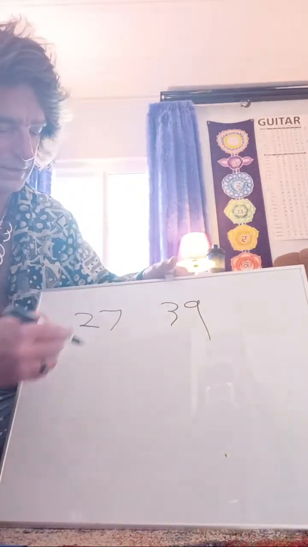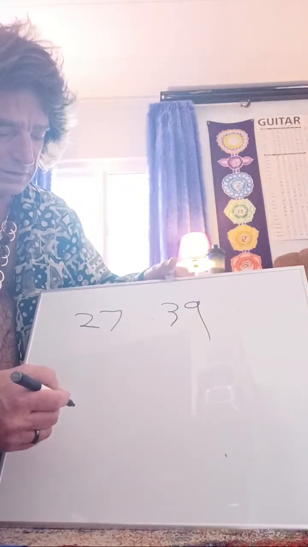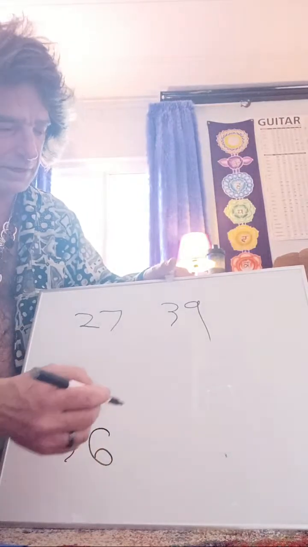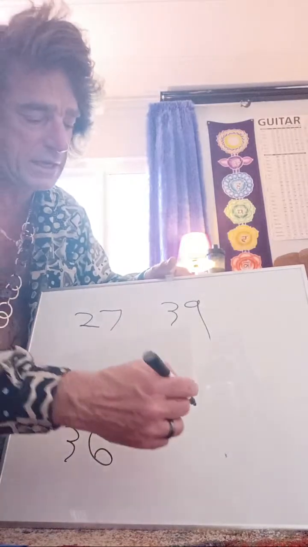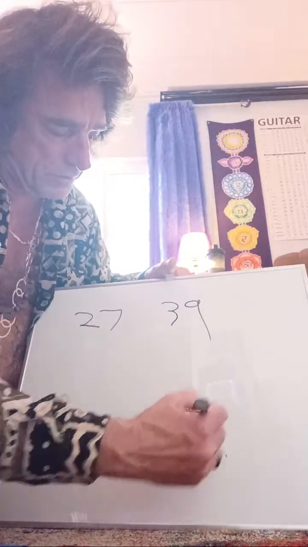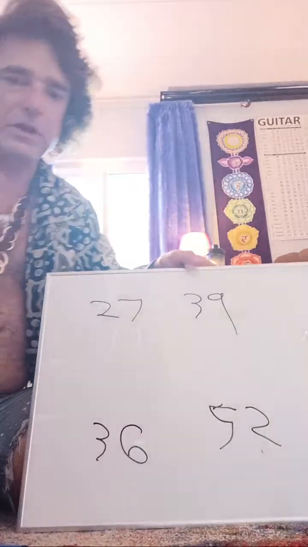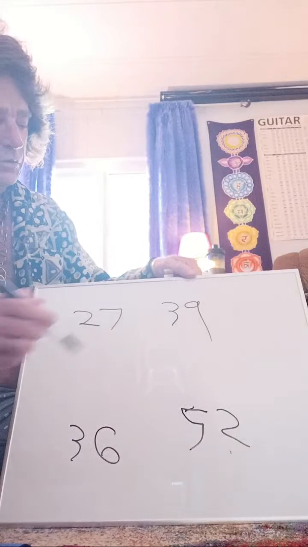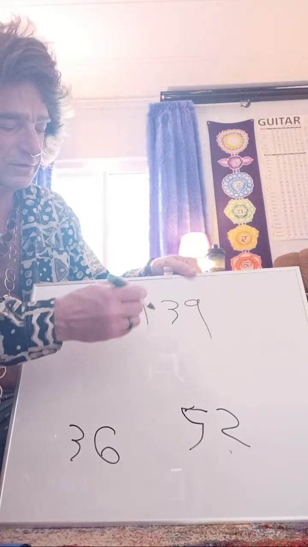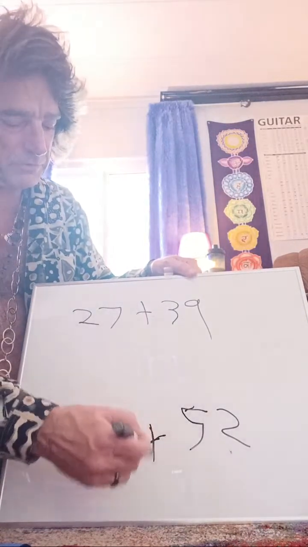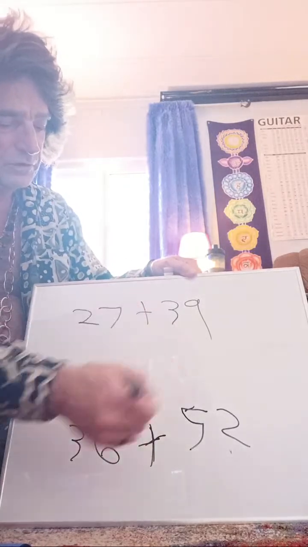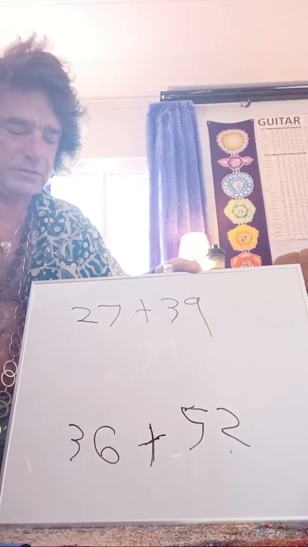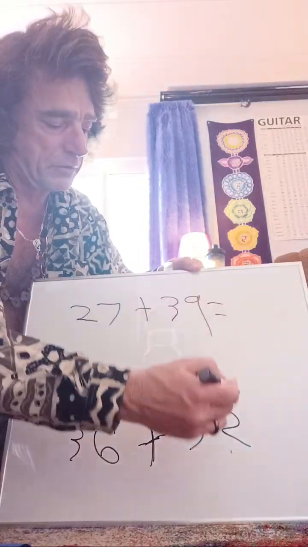Then the 9 times 4 was 36, and the 13 times 4 was 52. So everybody will think about it. We have 27, 39, and 36 and 52. What things are made up of 2 parts with those 2 as subparts? Any ideas? And then add to the total number of the things in that.